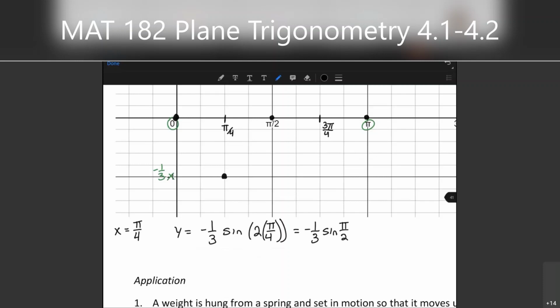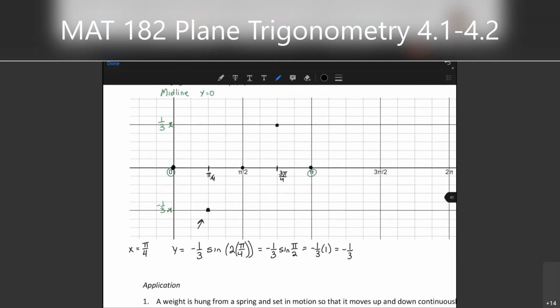And if we think about our unit circle, pi over 2 in the sine function is going to be 1. That would be at the top of our unit circle. So this would end up being just negative 1/3 times 1, which is negative 1/3. So that's where we get that first point. And then we follow the sine pattern from there. It would look like this guy right here.